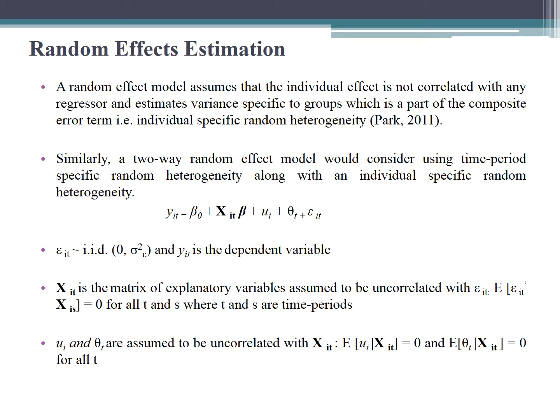So another estimation approach is the random effect estimation approach. The main difference here is we still have individual effect and time period effects for two-way random effect estimation, and the main assumption here is that the individual and time period effects are not correlated with the regressors.